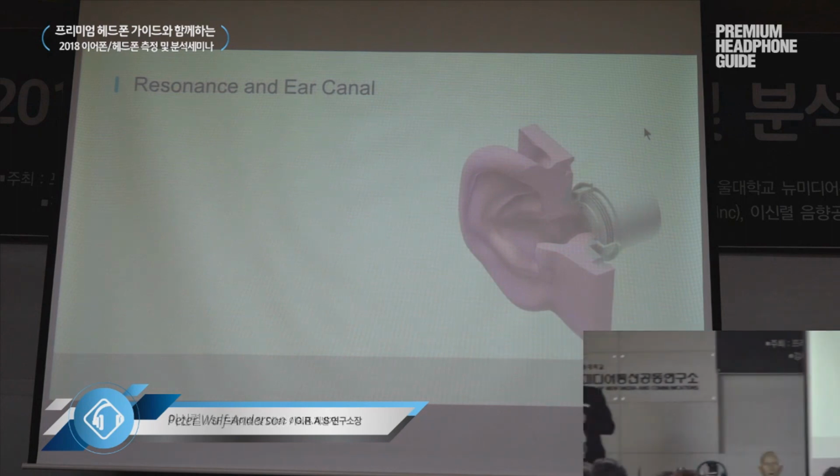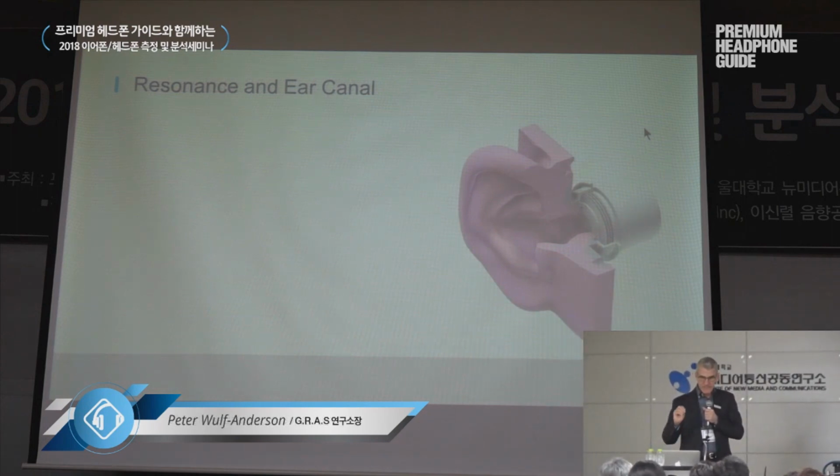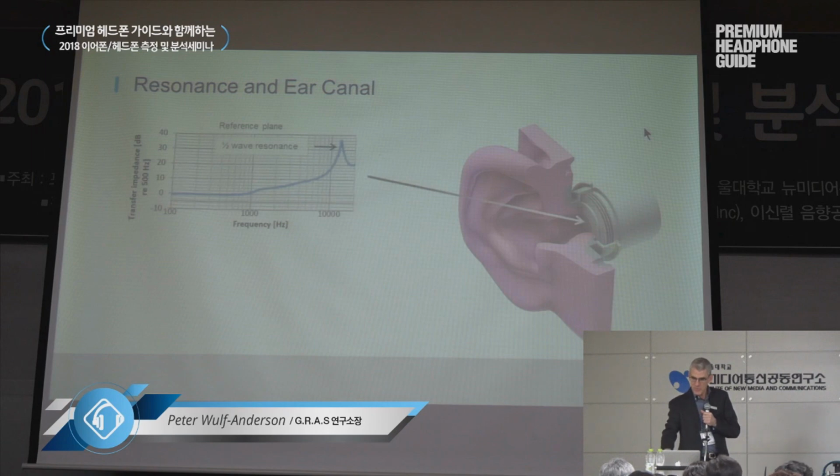So now we understand how you could say, measure the response of the ear coupler, and also that the resonance is measured right at reference plane in here, right at the entrance of the coupler.